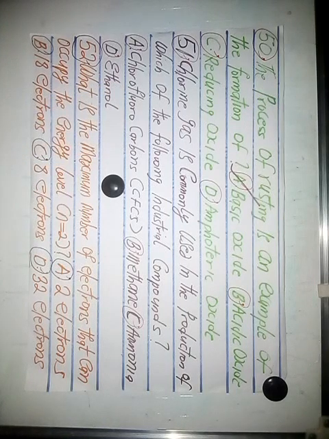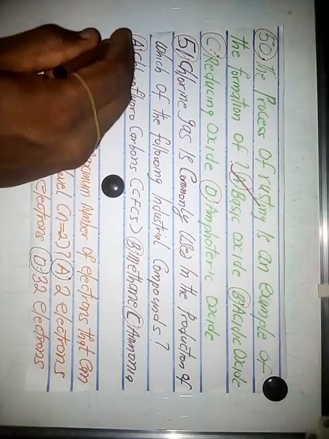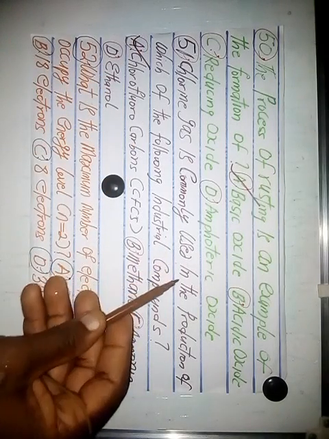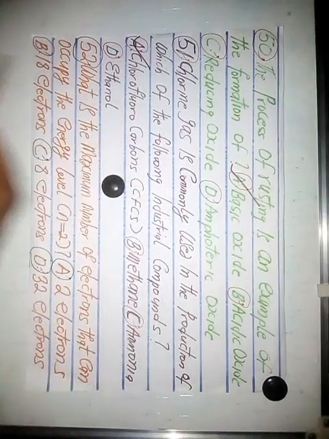So your answer is A. This one is used in refrigerant gases, although it has been banned because it contributes to depletion of the ozone layer. Chlorine gas is used to manufacture chlorofluorocarbons.